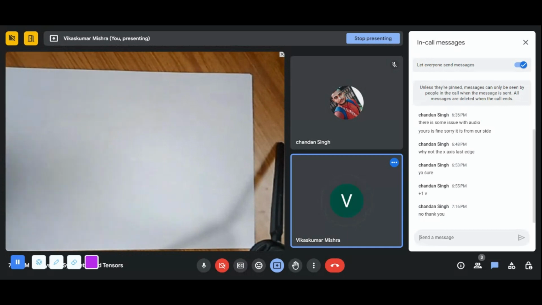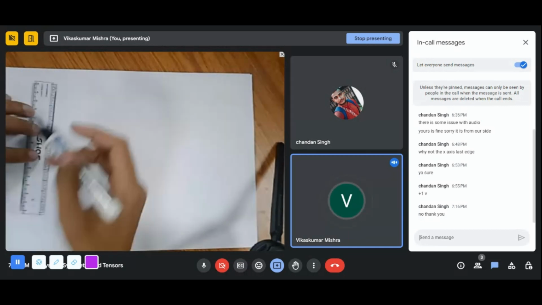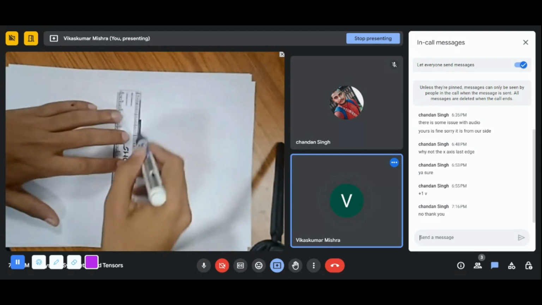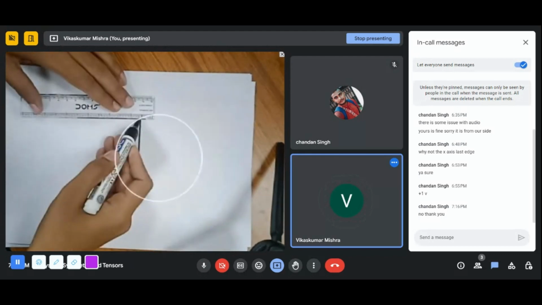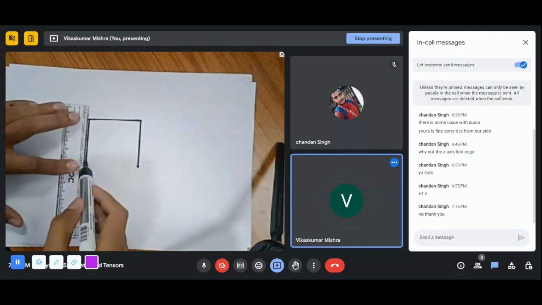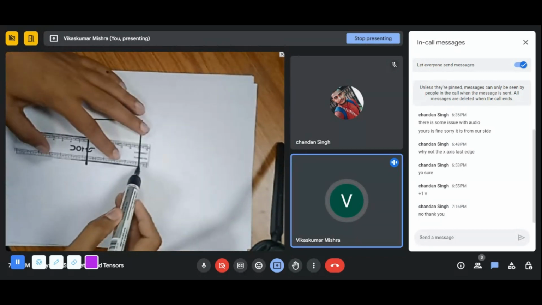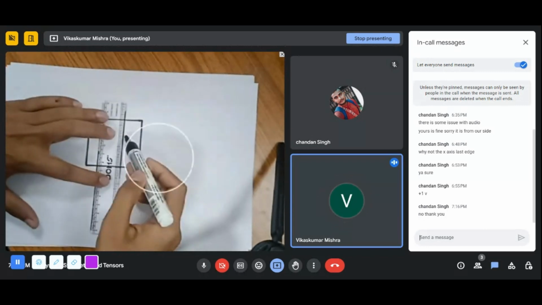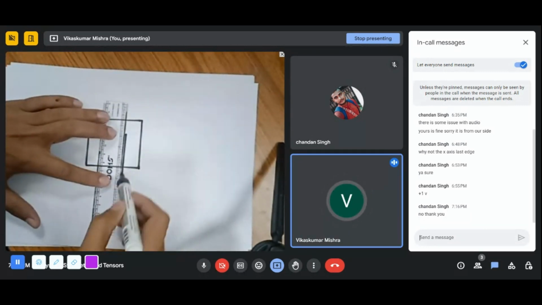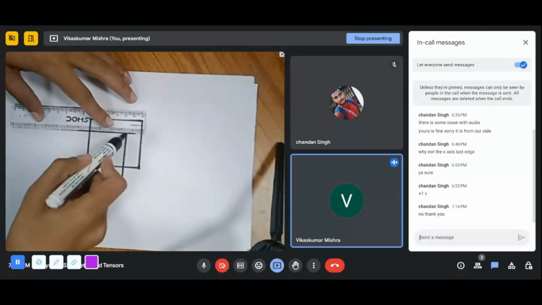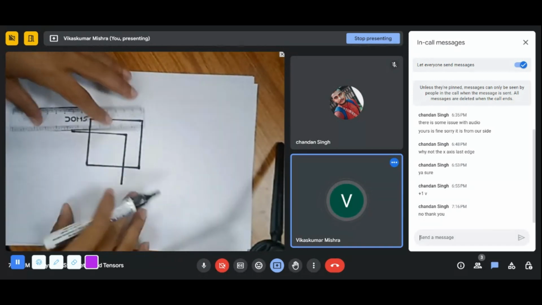For this, let me draw a unit cell first, the FCC, face-centered unit cell. Our current task is to visualize the primitive unit cell within the conventional unit cell of FCC.